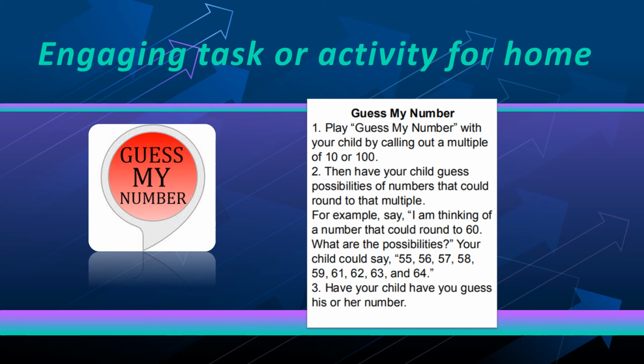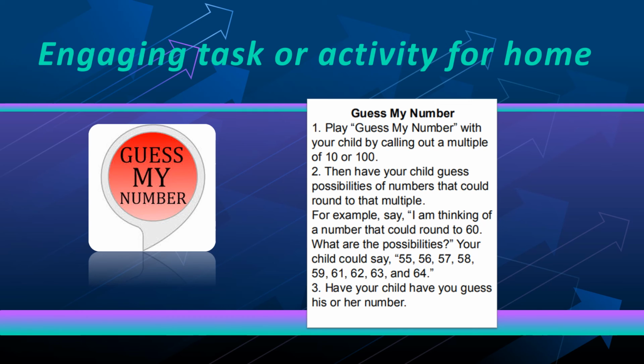Here's an example of a rounding activity students could do at home. I like this one because it doesn't take any materials and you could even do it in the car. This is called Guess My Number. The parent would say, I'm thinking of a number that could round to 60. What could it be? The students would then make guesses based on their understanding of rounding.